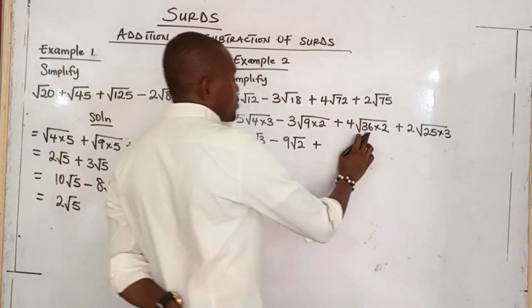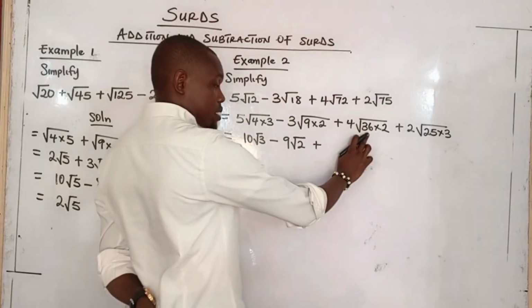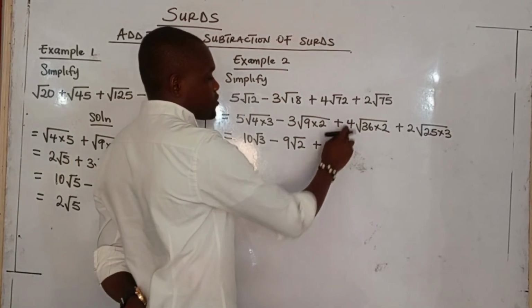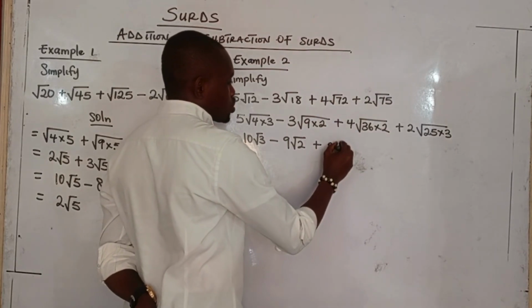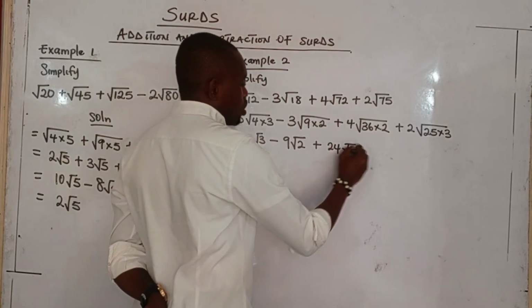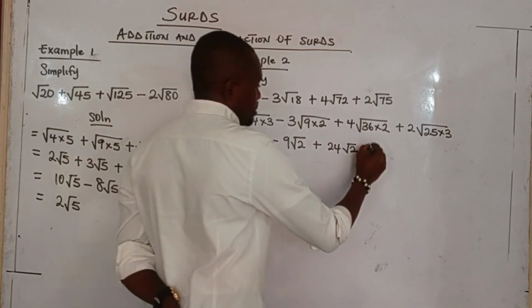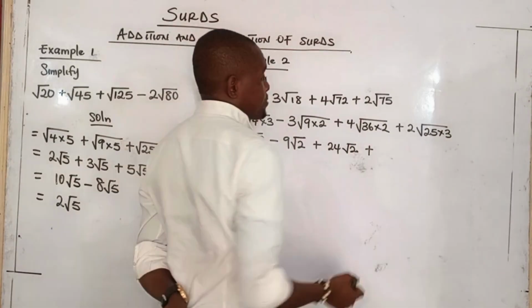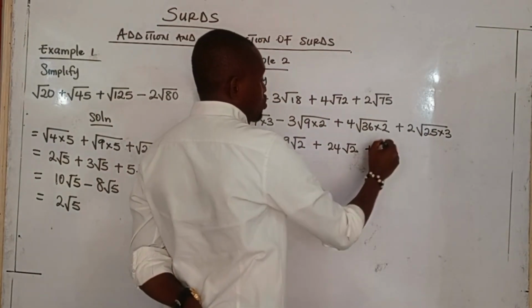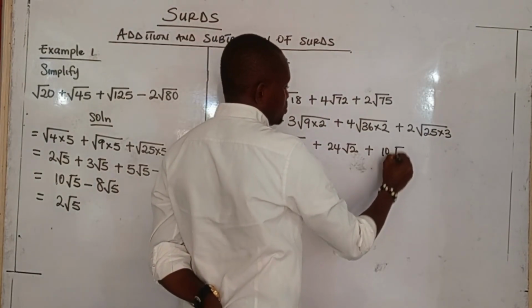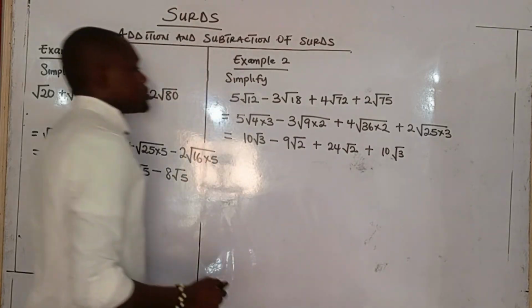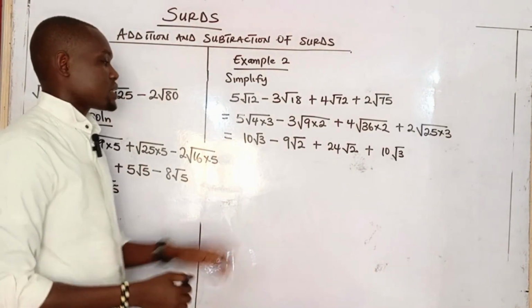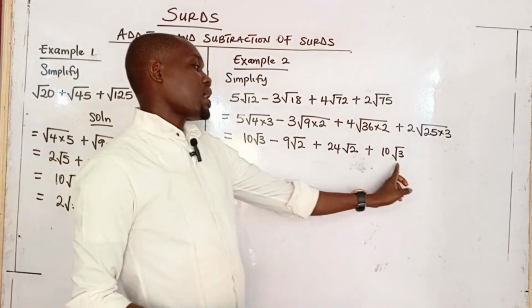Plus, the square root of 36 is 6. So 6 times the 4 outside gives us 24 root 2. And then plus, the square root of 25 is 5. So 5 times 2 gives us 10 root 3.